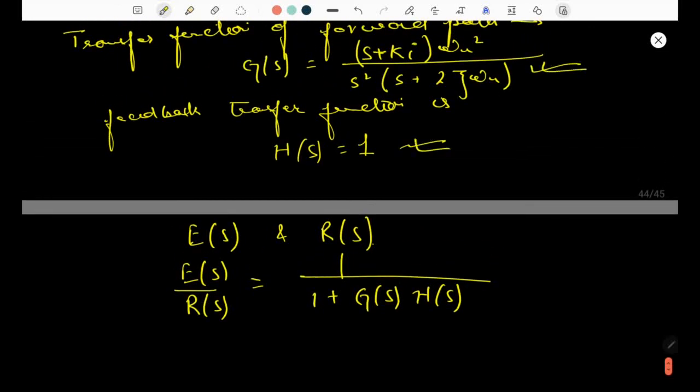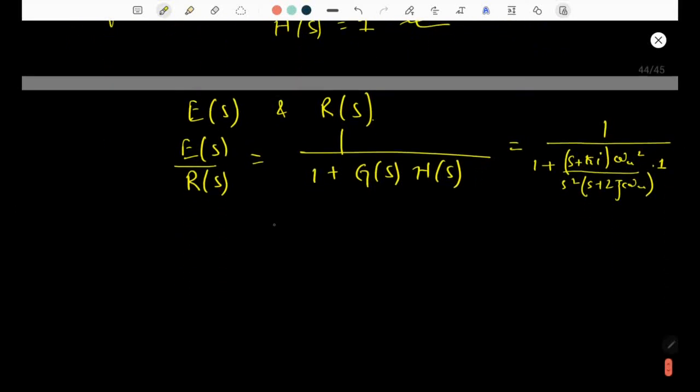Just put them in: 1 upon 1 plus (s plus ki) omega n square divided by s square (s plus 2 zeta omega n), into 1. This is the transfer function.